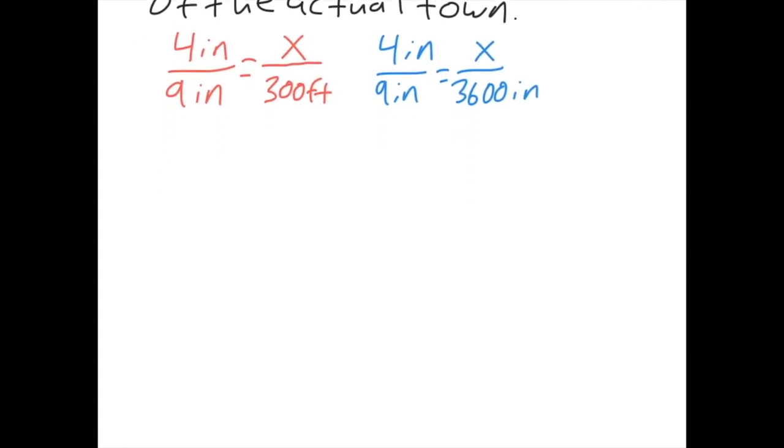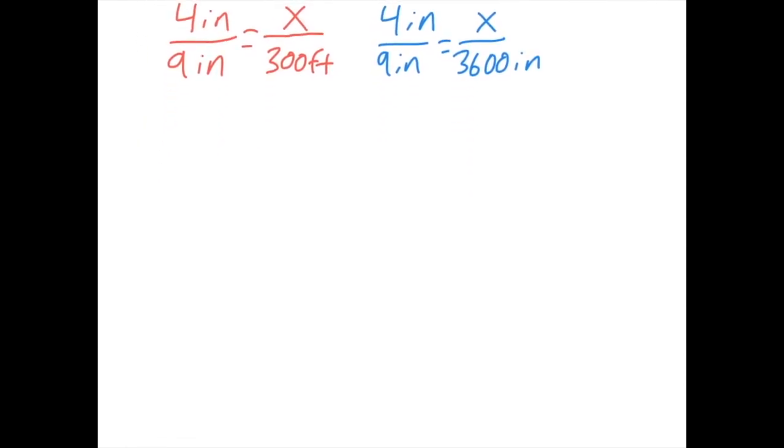So let's bring this down so there's more room. So now we want to cross multiply this proportion. So 9 times x will give us 9x, and then 4 times 3,600 is 14,400.